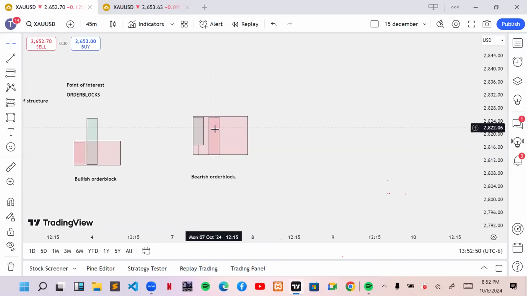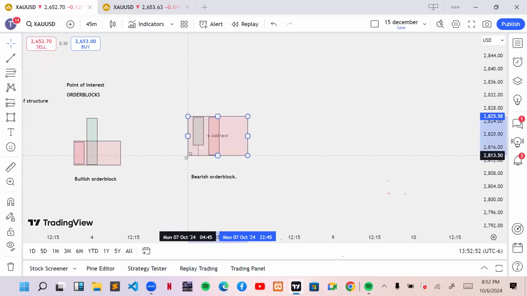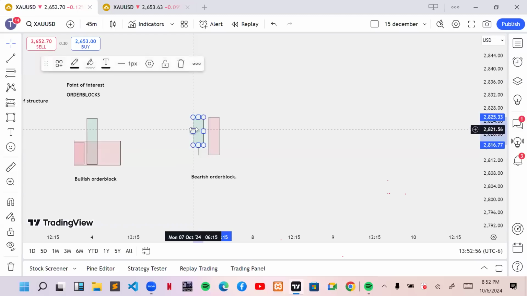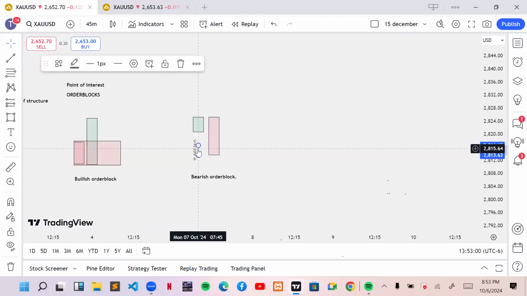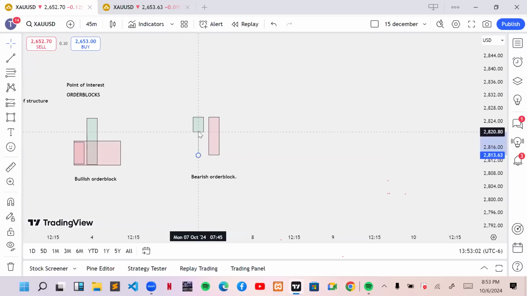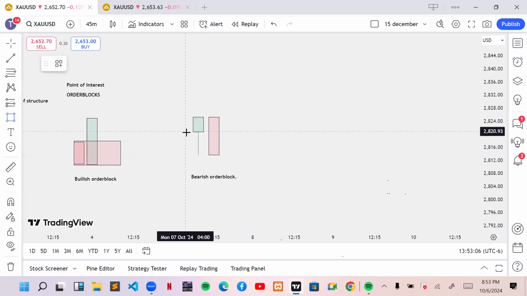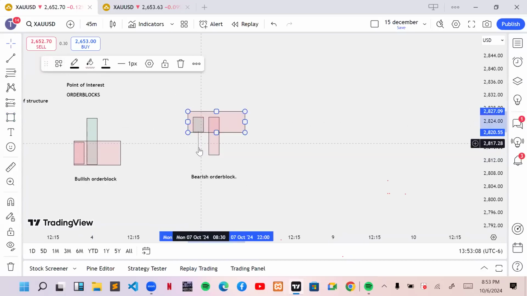But in a situation where the body is smaller and the wick is longer, pick your entry from the body. Or if the wick is smaller and the body is bigger, pick your entry from the wick. That's just it.